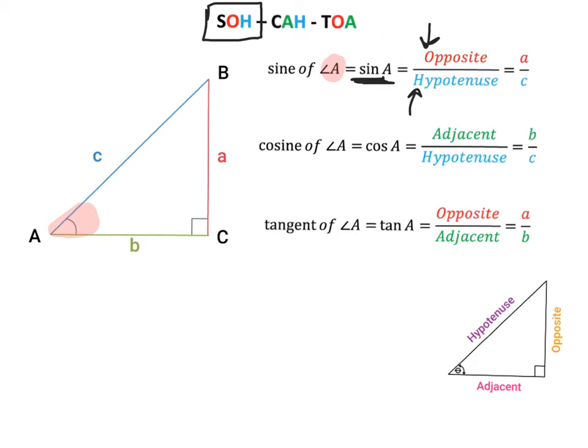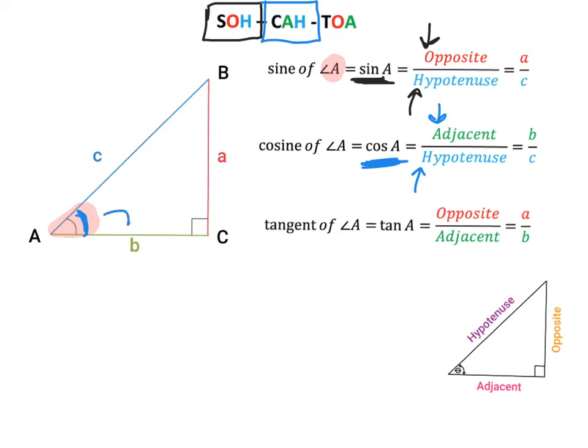Next, moving on to the CAH. So if here is my CAH in the SOHCAHTOA, that tells me that the cosine of an angle is equal to the adjacent, there's the A, divided by the hypotenuse, there's the H. And so the cosine of angle A, again the same reference angle, I'm now looking for the adjacent and the hypotenuse.